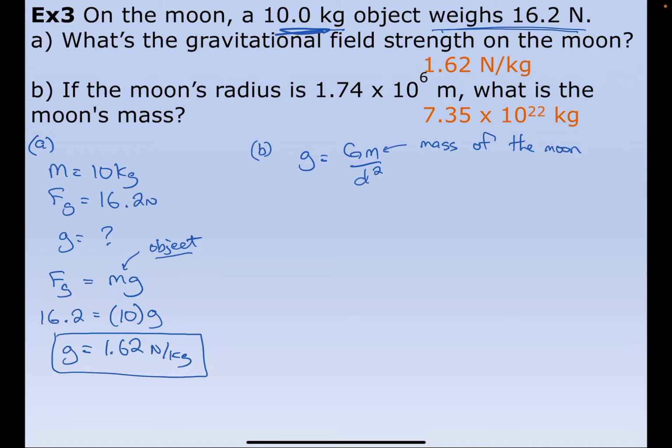It's the mass of the astronomical body that we're standing on. We're looking for the moon's mass. So we just went through and figured out little g, 1.62. Big G, always this big thing. Mass, we don't know what that is. But we're given here the radius of the moon.